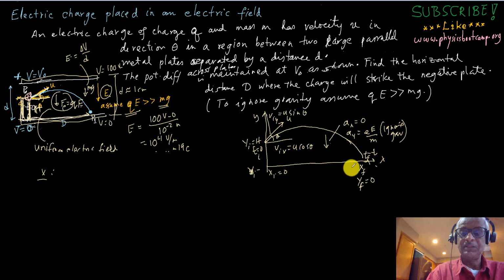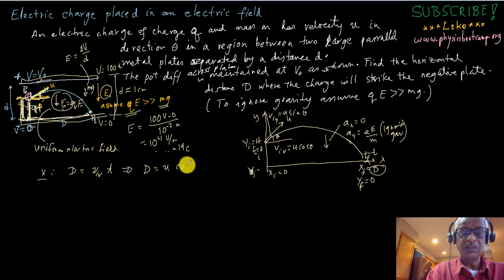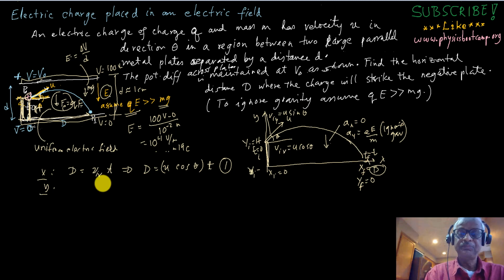So if this is the distance d we want, then d equals v initial x times t, because delta t is t, so this is u cosine theta times t. So this is one equation. And in the y direction, in the same amount of time it went down h.